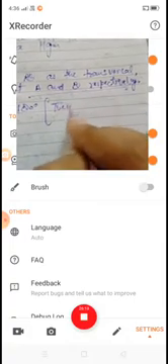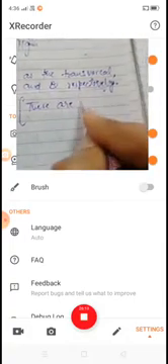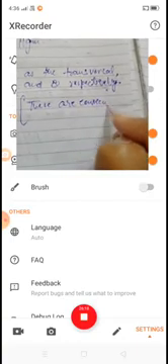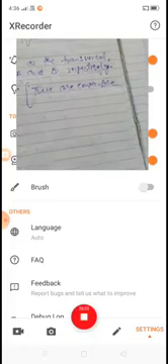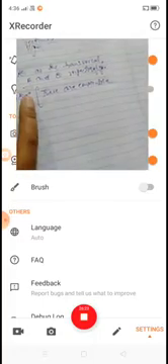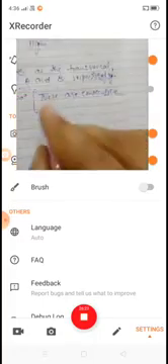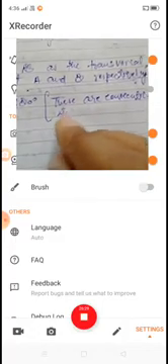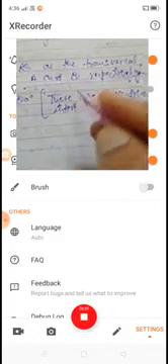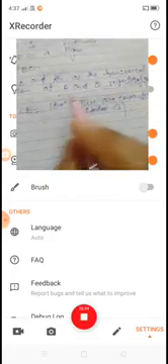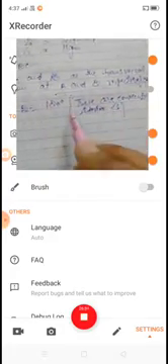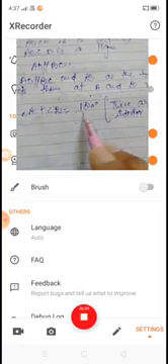These are consecutive interior angles, and you know that the consecutive interior angles are supplementary, their sum of measures is always 180 degree.